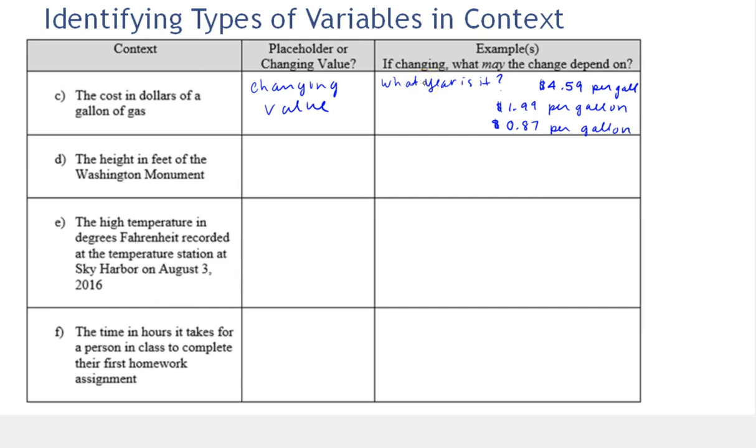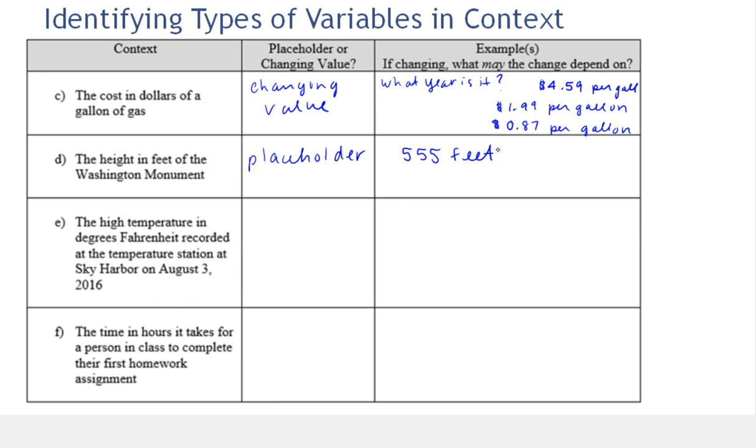Let's look at the next one. The height in feet of the Washington Monument. So the Washington Monument's height doesn't change. It's a fixed height, so that will be a placeholder. I looked up online just to be accurate how tall the Washington Monument is and rounded to the nearest foot. It is 555 feet.